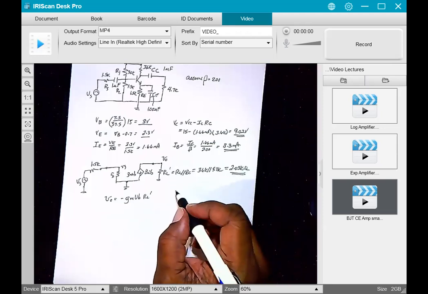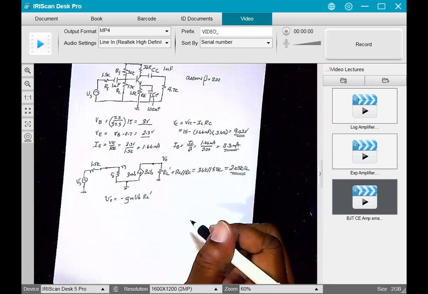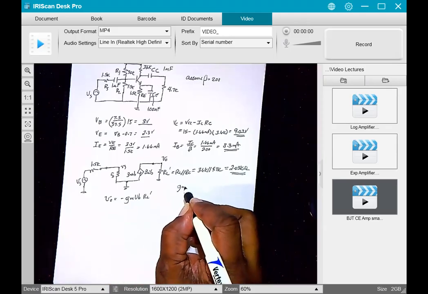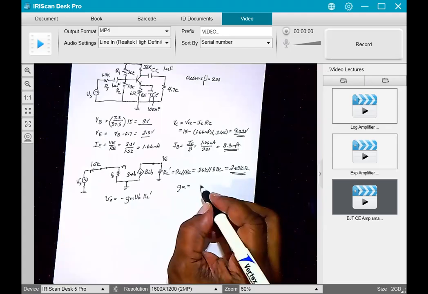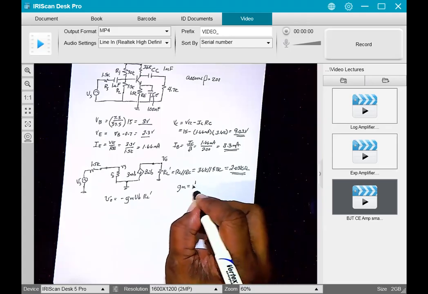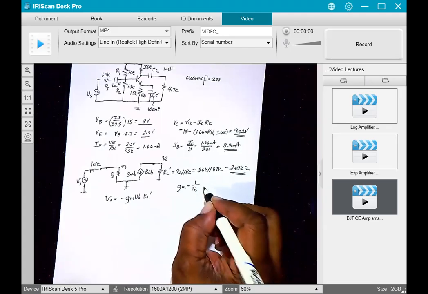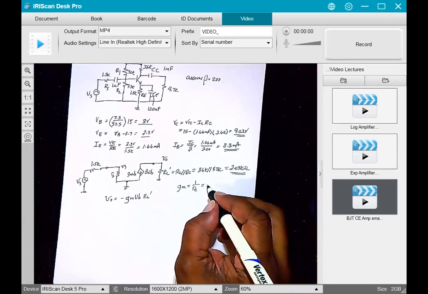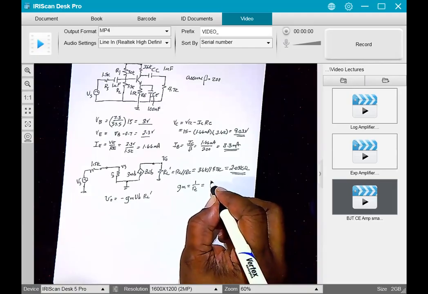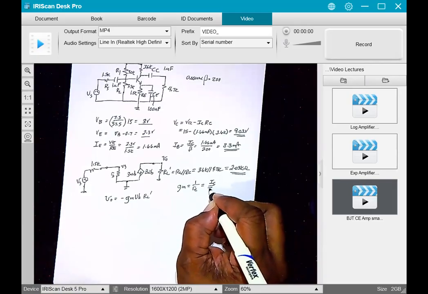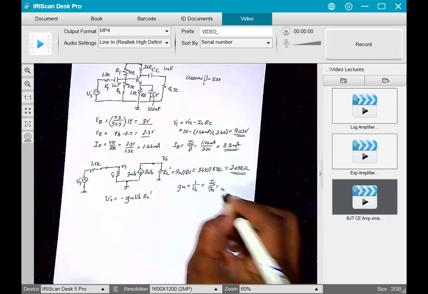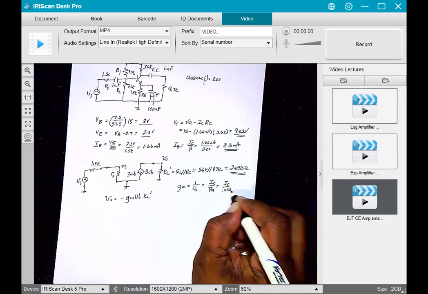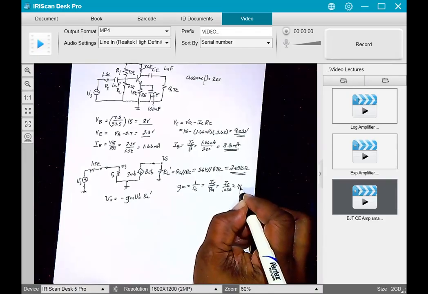Now what else do we have? We have this small signal parameter gm, which is the same as 1 over re. That's going to be IC over the thermal voltage, 0.026, so approximately 40 times IC.